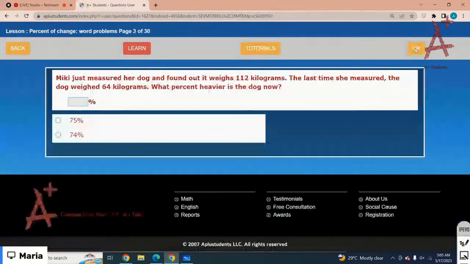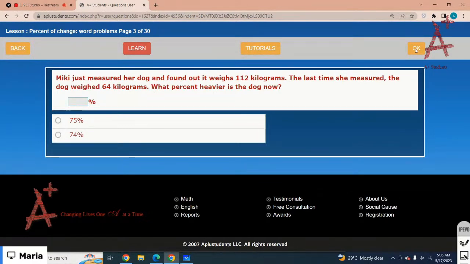Okay, Miki just measured her dog and found out it weighs 112 kilograms. The last time she measured, the dog weighed 64 kilograms. What percent heavier is the dog now? That's the same we did on the board. It would be 75% heavier.